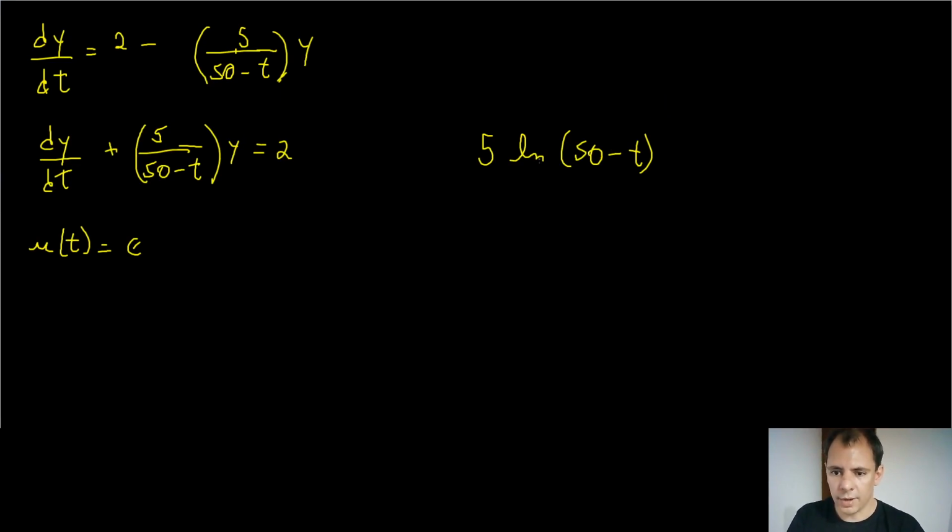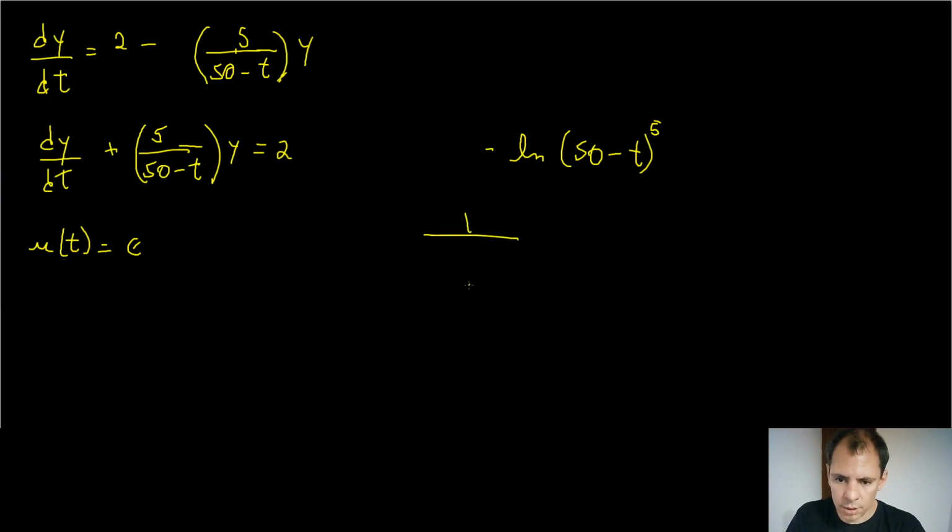Okay, so 5 ln of 50 minus t divided by the derivative of this. So it's minus 5. Okay, I can bring this over here like that and do this. So see, this is what you have. Okay, so it's e elevated to this.